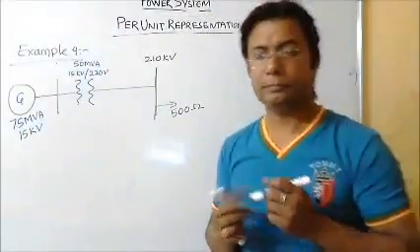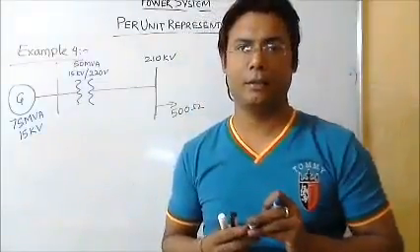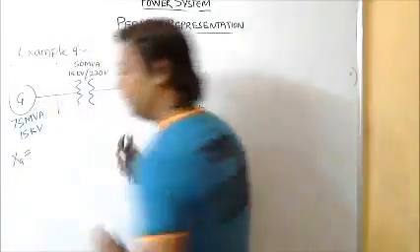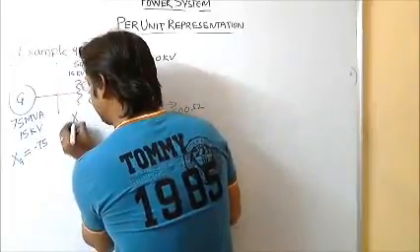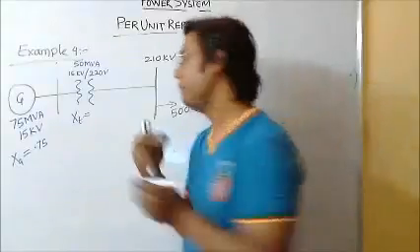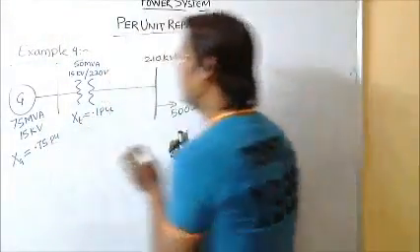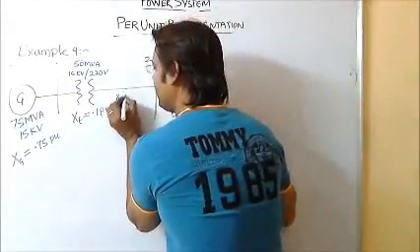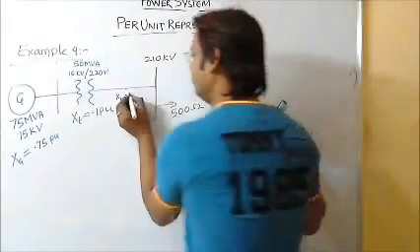And XG, the generator reactance, is given as 0.75. The XT, the transformer reactance or transformer impedance, is given as 0.1 per unit. The transmission line also is given as XL equal to 100 ohm per phase.